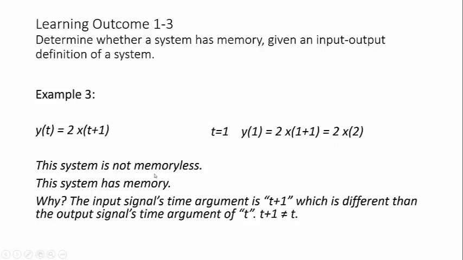Let's take the word memoryless as it applies to humans. This often confuses students. What does memory mean if we talk about, oh, my grandfather has lost his memory? Or if I were to say, I don't remember where I put those keys. I have such a bad memory.